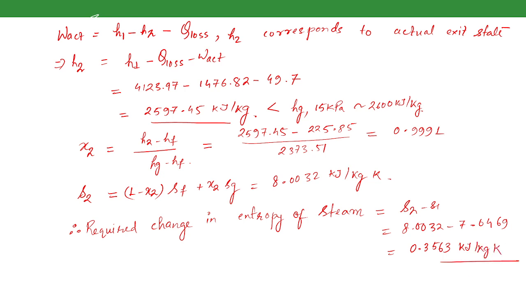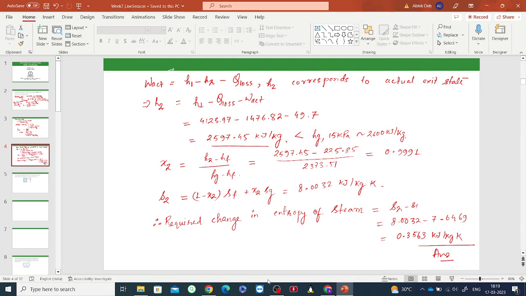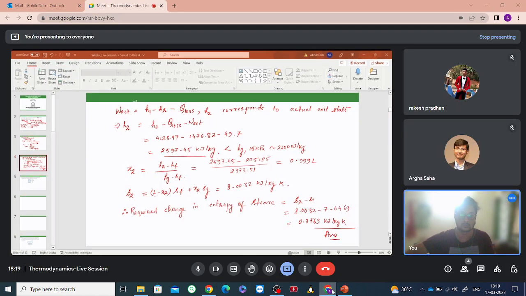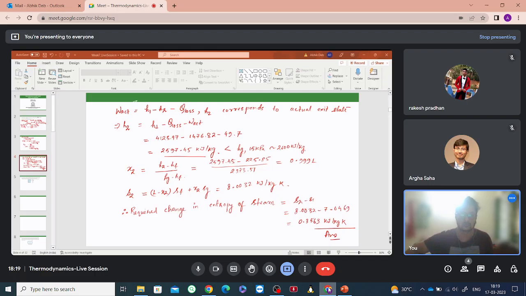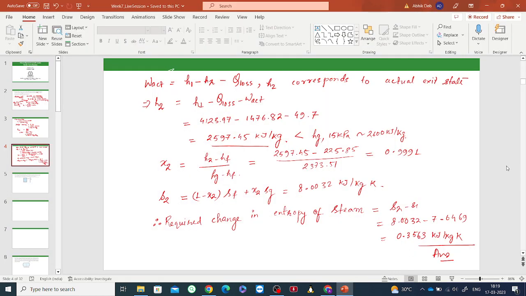This is the total specific change in the entropy of the steam during the process. I hope it is clear to everybody. If there is any doubt, you can ask. If there is no doubt, then I will start with the next problem.